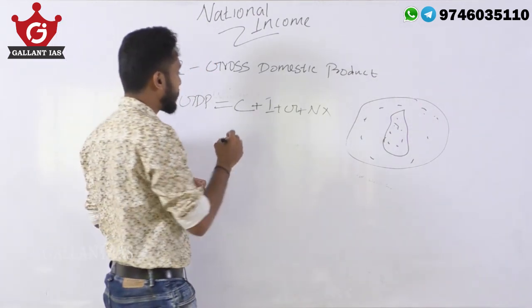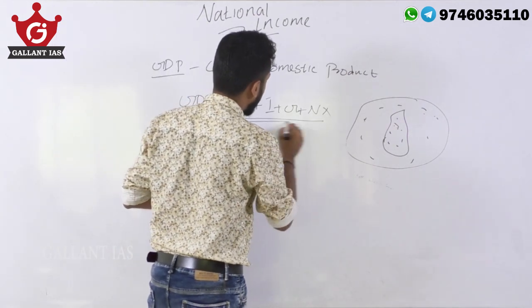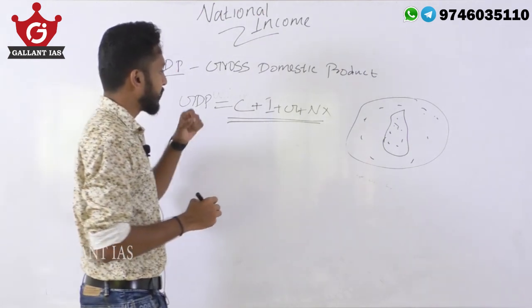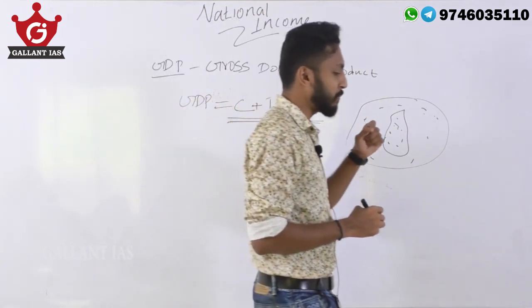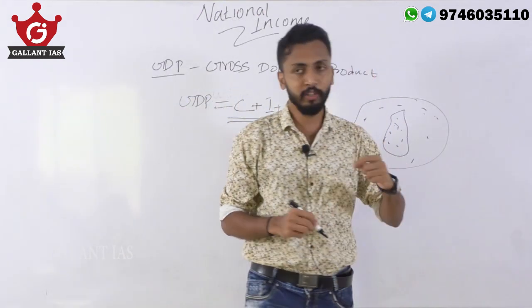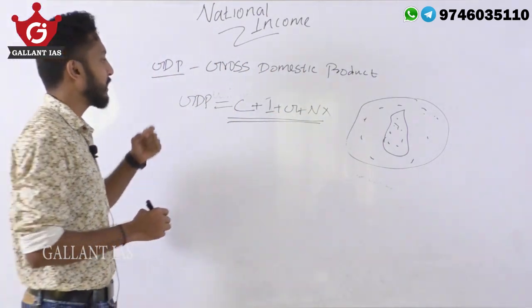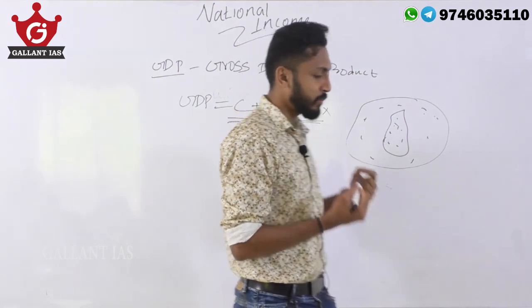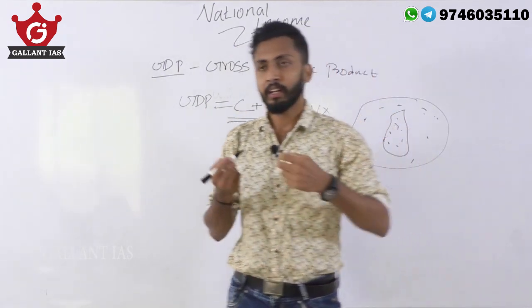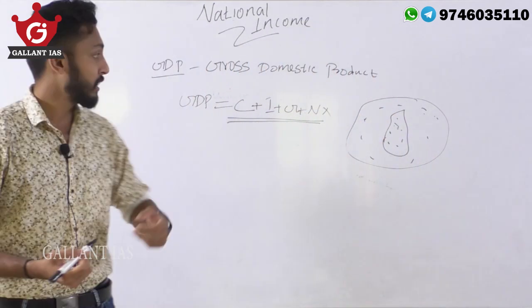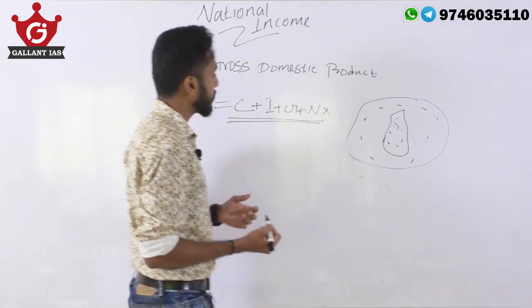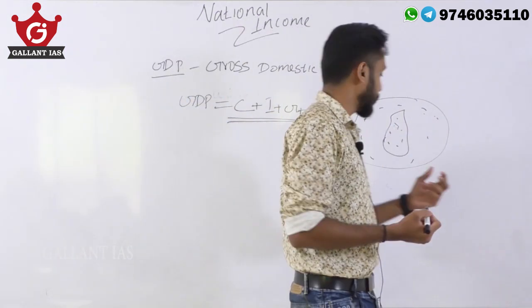So this is the equation of GDP: C plus I plus G plus NX. Consumption plus investment plus government expenditure plus net exports.